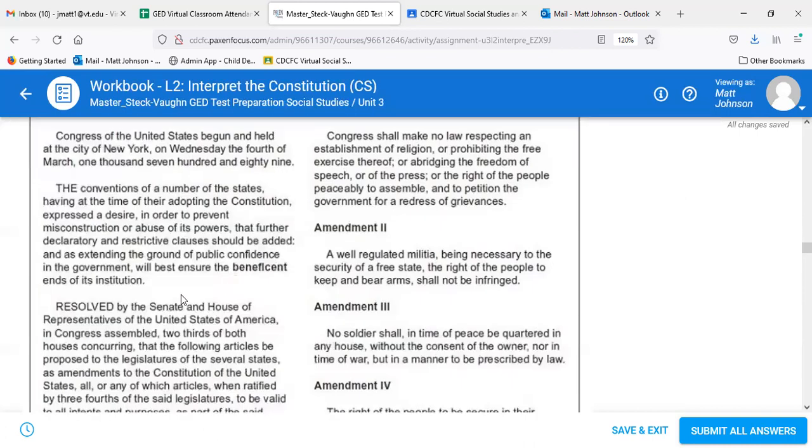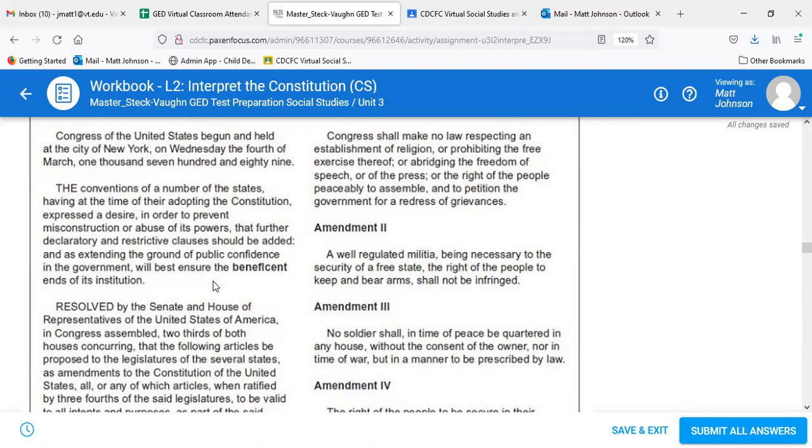Yeah. Okay. Congress of the United States began and held at the city of New York on Wednesday, the 4th of March, 1789. Should I continue? Yeah, read the next one.